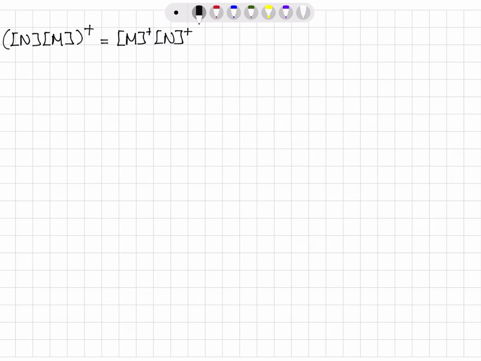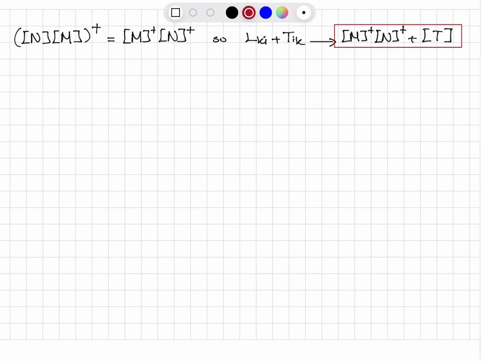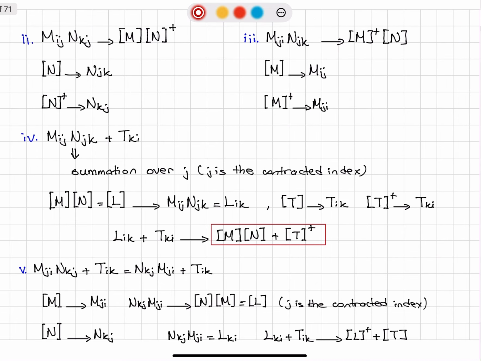When I take the transpose, the positions also change, so this Lki plus Tik should be interpreted as Lki, the multiplication of M transpose with N transpose, plus the T matrix. So that's how we can see the matrix notation.